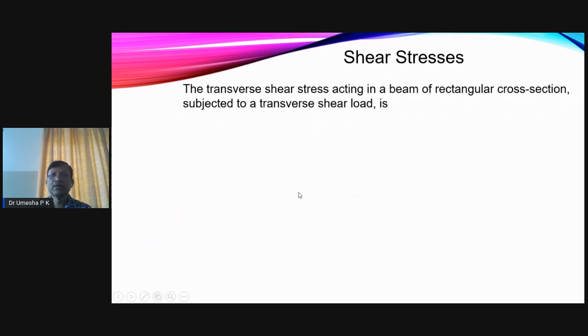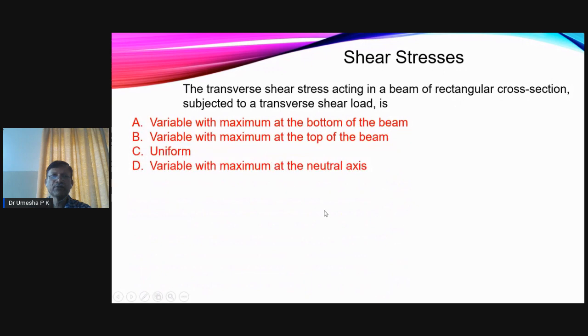Then you will go for the shear stresses. The transverse shear stress acting in a beam of rectangular cross section subjected to transverse shear load is: they have given different options. Variable with the maximum at the bottom of the beam, variable with the maximum at the top of the beam, uniform, or variable with the maximum at the neutral axis.